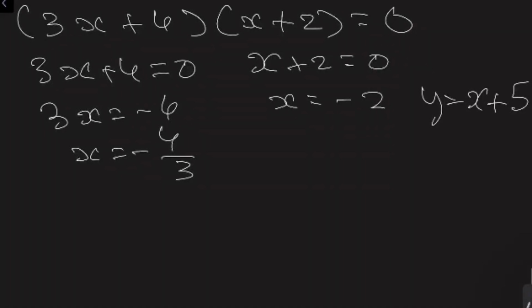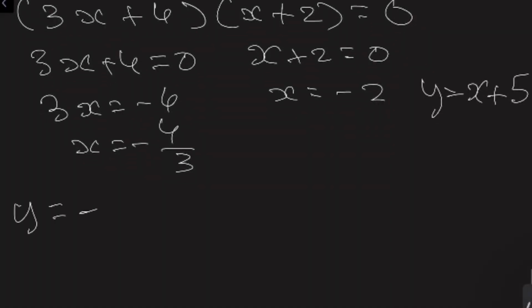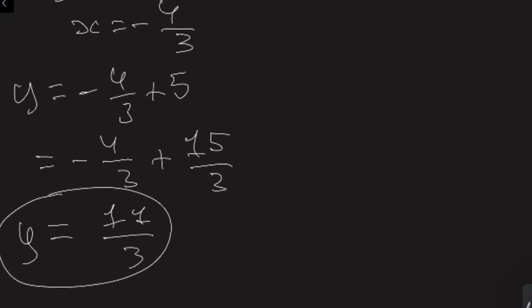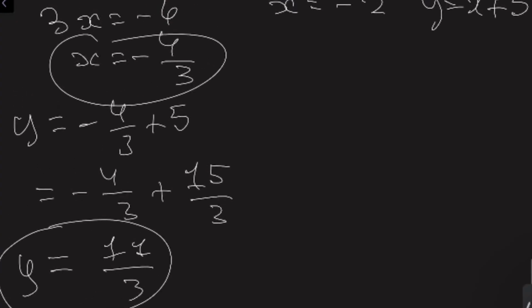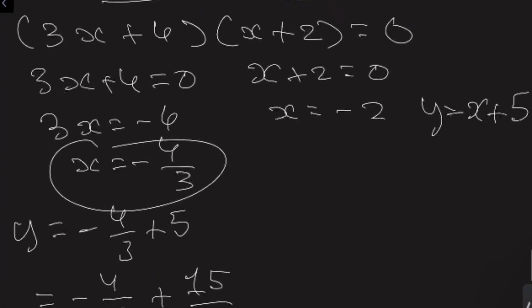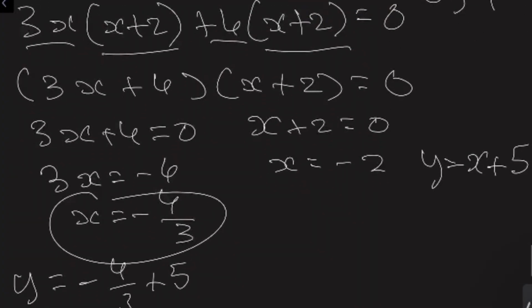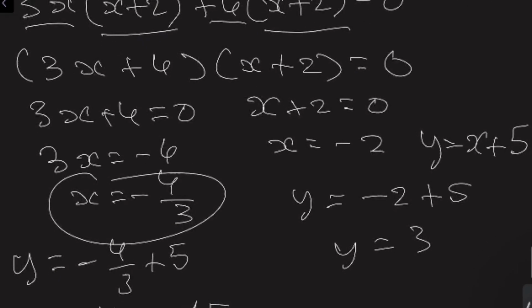Sub that into here, so y equals minus 4 over 3 plus 5, and that's the same as minus 4 over 3 plus 15 over 3, so y equals 11 over 3. So your first set of solutions is x equals minus 4 over 3, y equals 11 over 3. For your second set, y equals minus 2 plus 5, so y equals 3. Your second set of solutions is x equals minus 2, y equals 3.